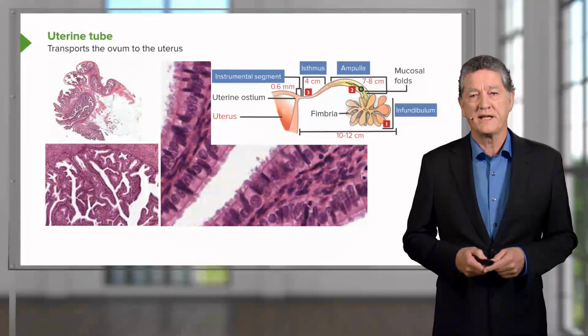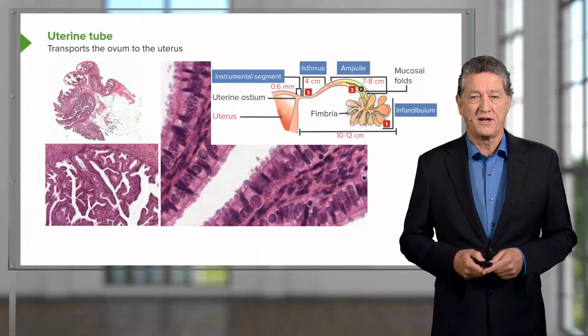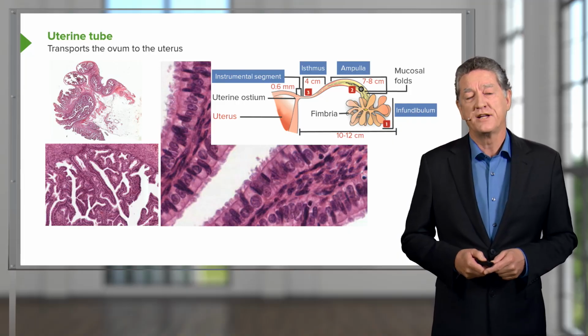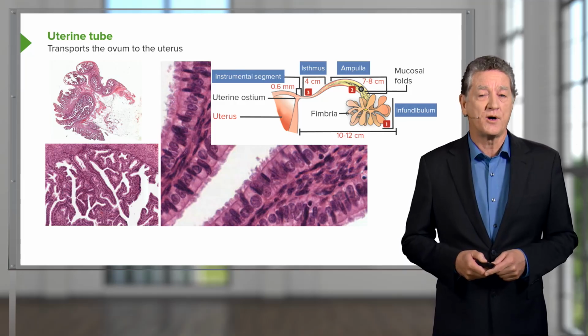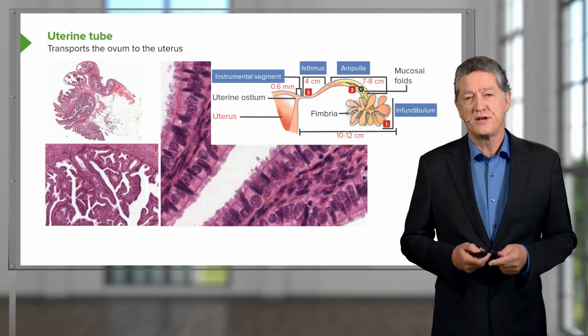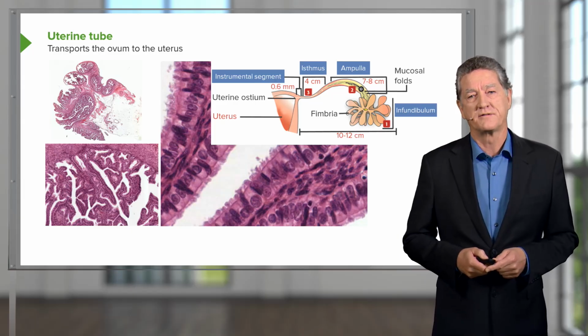And before we go any further, let us just recall that at ovulation, when the oocyte is released, it is still yet to complete its second meiotic division. It's been sitting in the ovary possibly for 50 years because, as you may know, these oocytes developed from oogonia prior to fetal life.